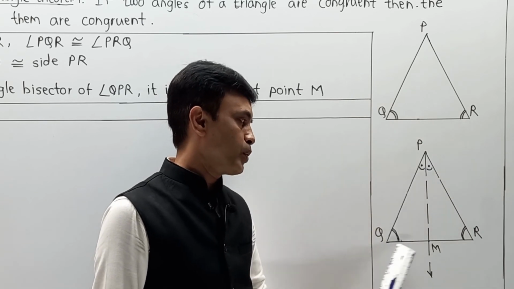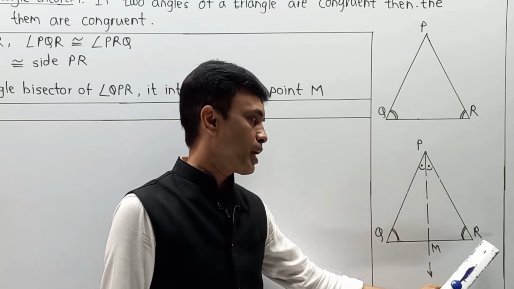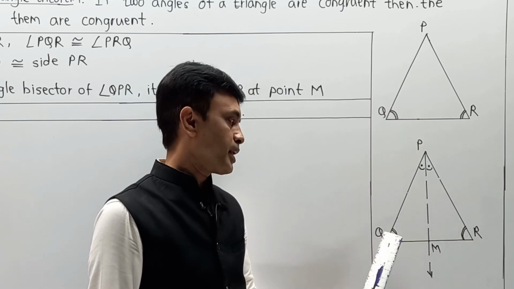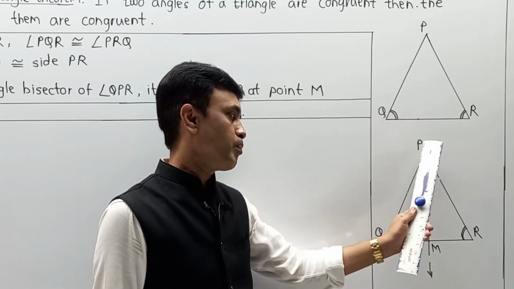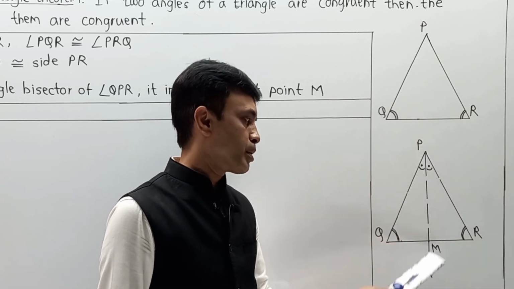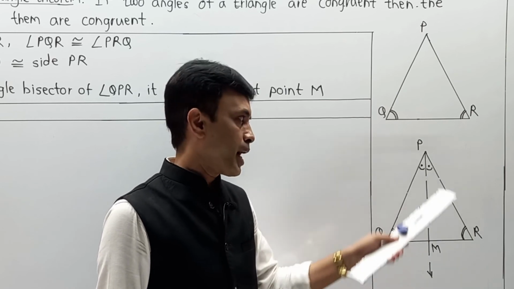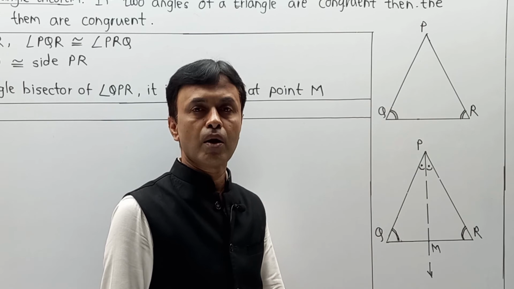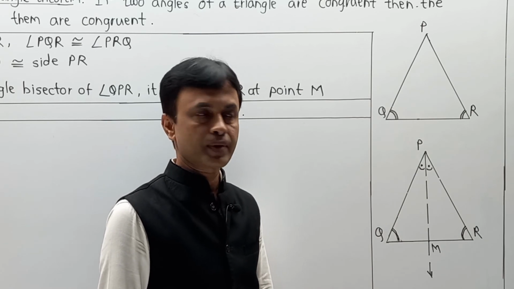Angle PQM is congruent to angle PRM. Reason, Q is congruent to R, given. Next, angle QPM is congruent to angle RPM because PM is the angle bisector. And third, segment PM is congruent to segment PM, common segment or same side.